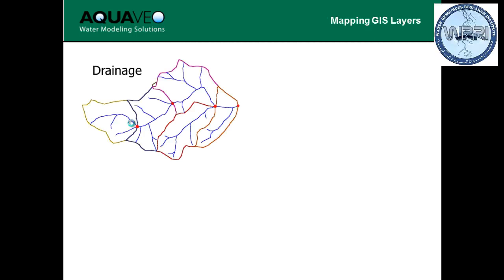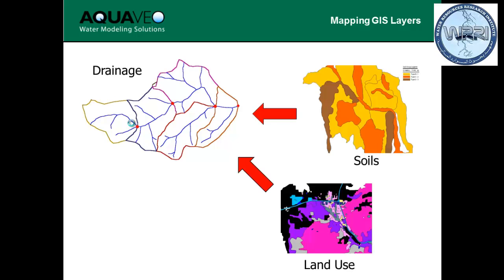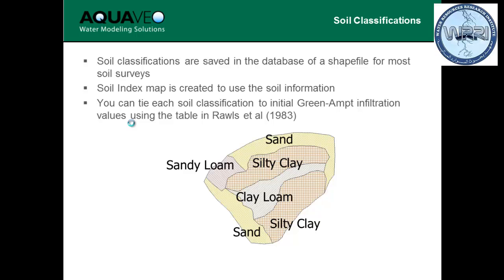So you have your GSSHA model, you have a soils layer, you have your land use layer, and then you can combine those layers or you can create index maps from those different layers.